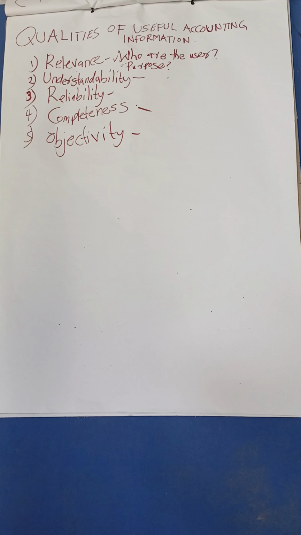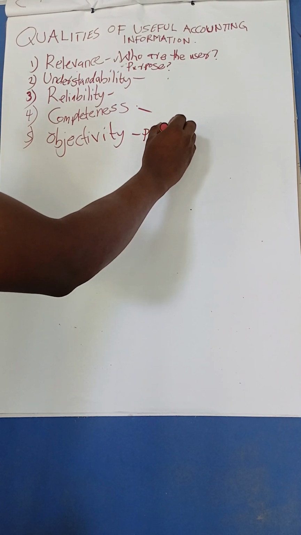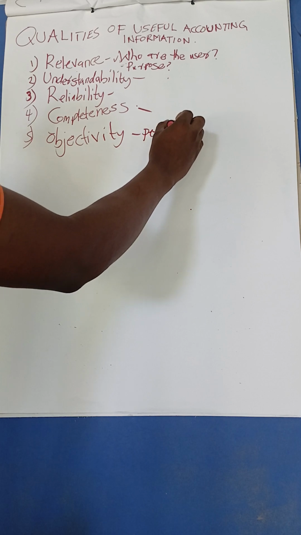So in short, the information must be very accurate. For the information to be very accurate, you have to avoid one thing. What? Personal perception. Because this is not something personal. You have to avoid personal perception.